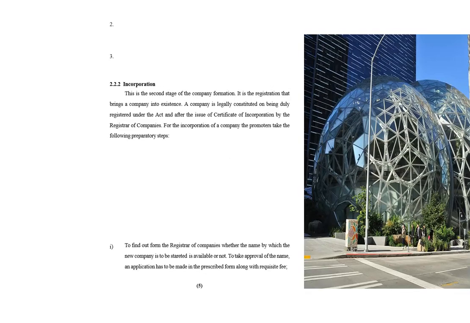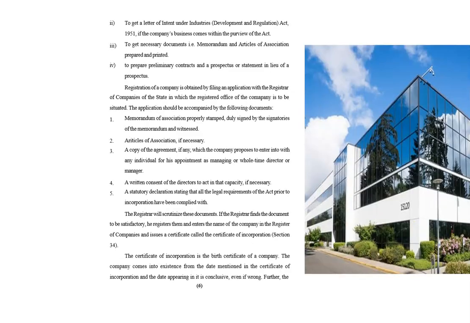Incorporation, the second stage of a company's formation, is a registration that brings the company into existence. It has to be registered. You find out from the registrar of companies whether the name by which the company has been started is available or not. So I think online it is all available nowadays.